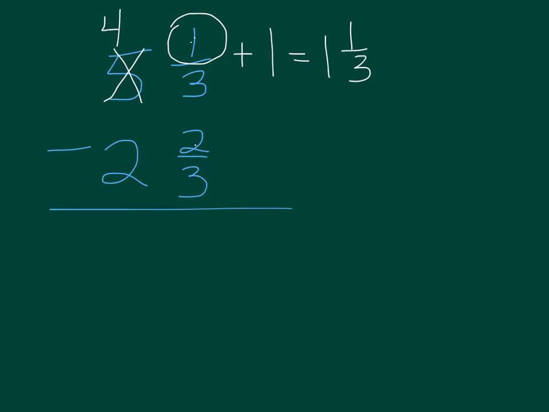So instead, what we're going to do is add that 1 as a fraction so that we can continue to keep our fraction and thereby increase our numerator. So we're going to add it as a fraction.